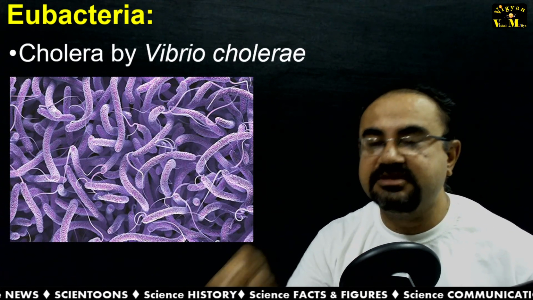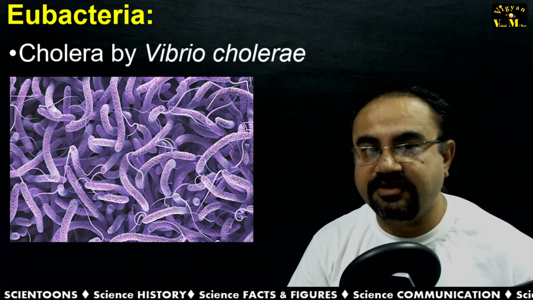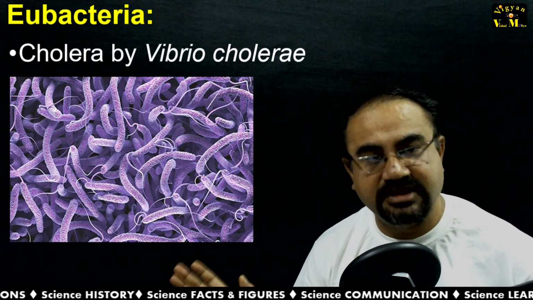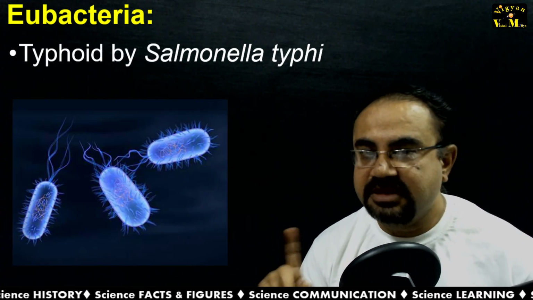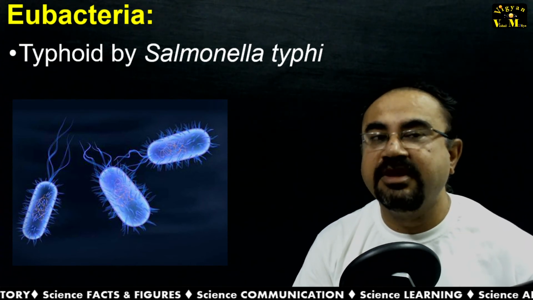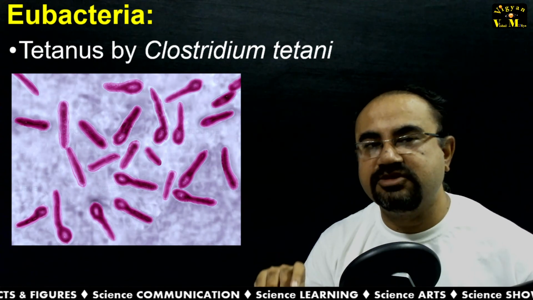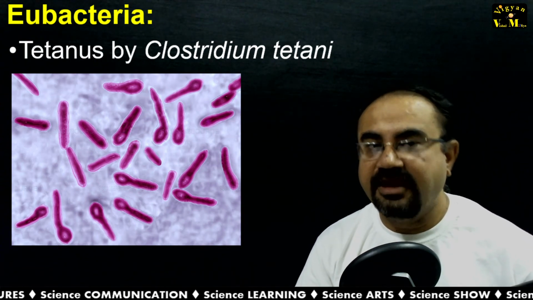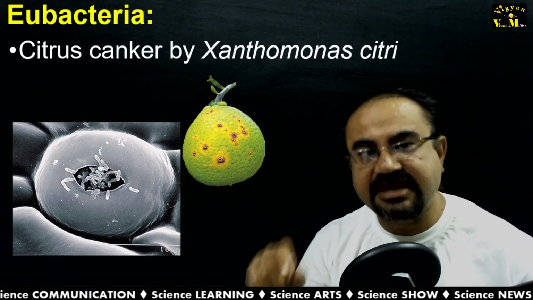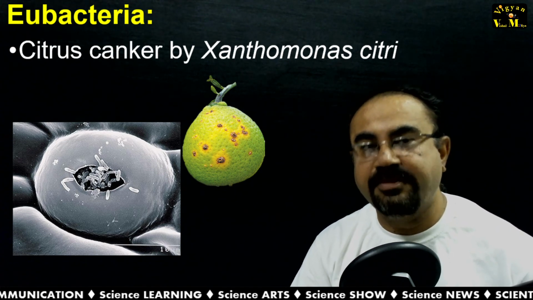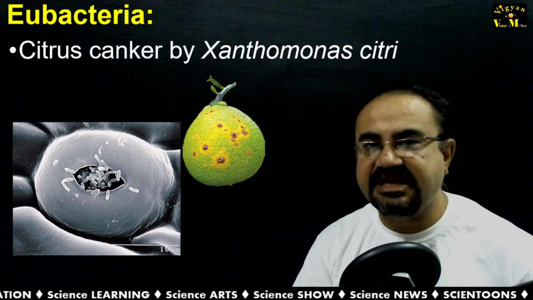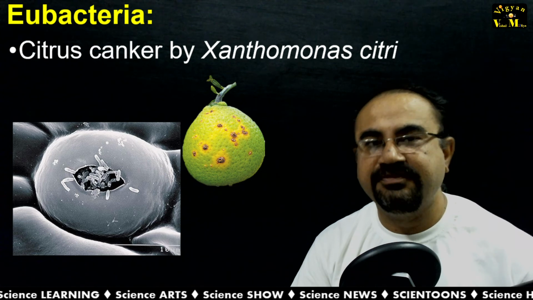Cholera is caused by Vibrio cholerae. You can see the photograph here. Typhoid is caused by Salmonella typhi. Tetanus is caused by Clostridium tetani, and citrus canker is caused by Xanthomonas citri in the lemon.